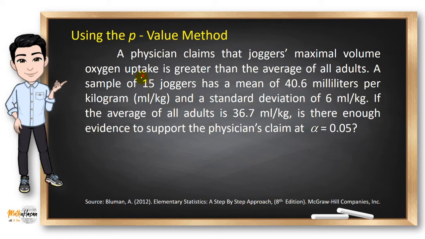So now, the sample size is n, the sample mean is 40.6, 36.7 is the population mean, while 6 here is the sample standard deviation. Also, this is a right-tailed test because the physician claims that the average of all adults is greater than.